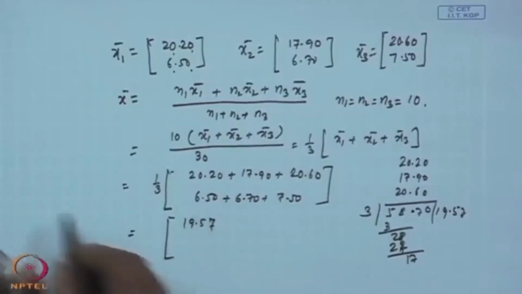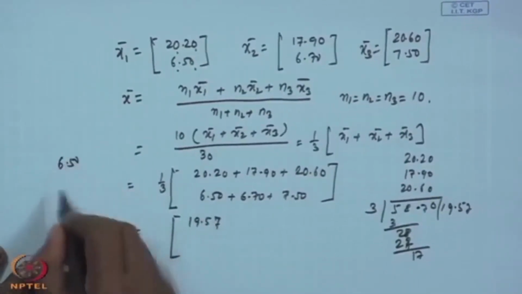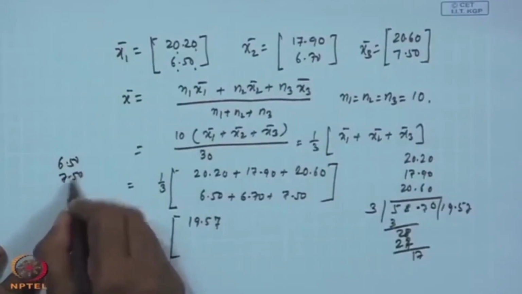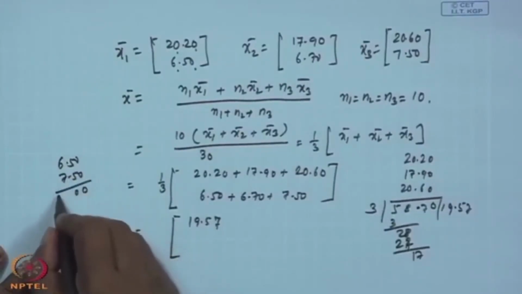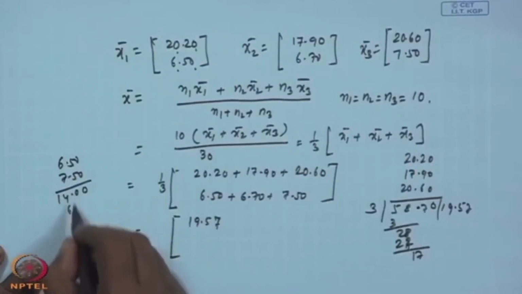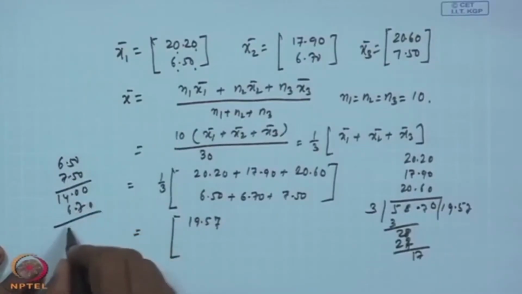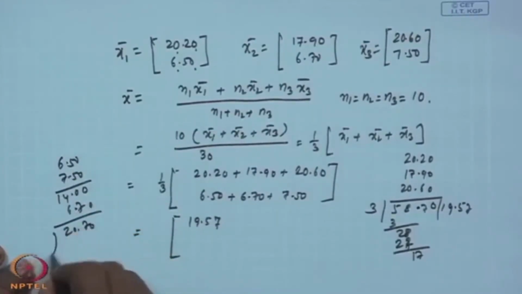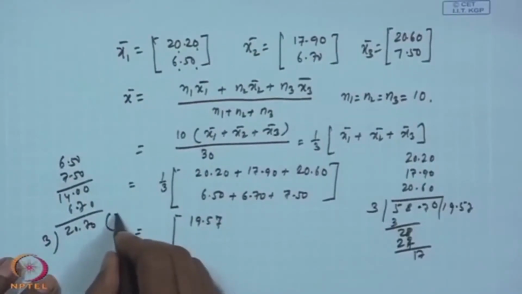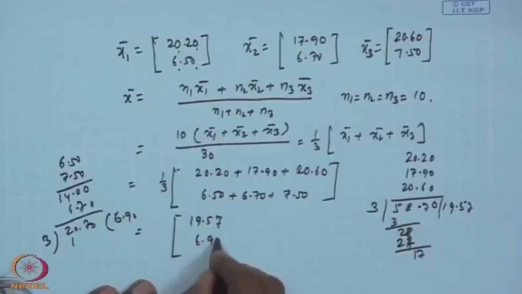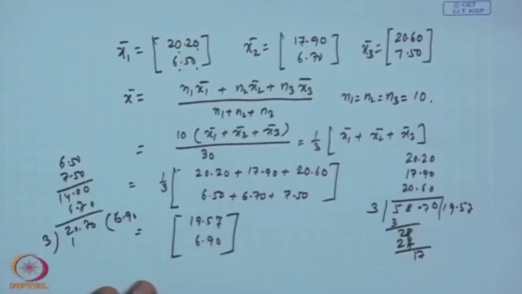And the second one will be 6.5 plus 7.5, this is 14, plus 6.70, this is 20.70 divided by 3. So, this will be 6.90.